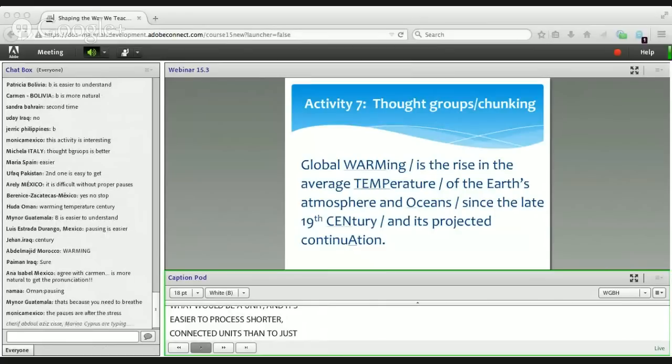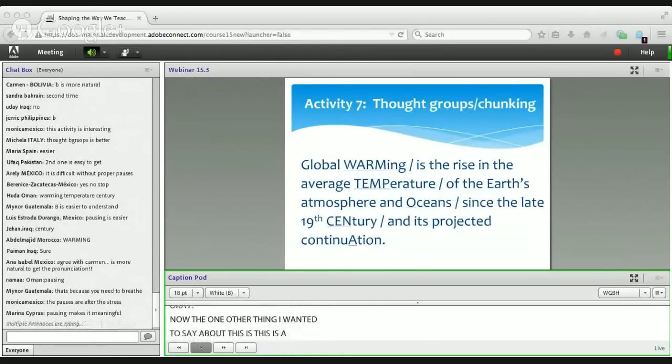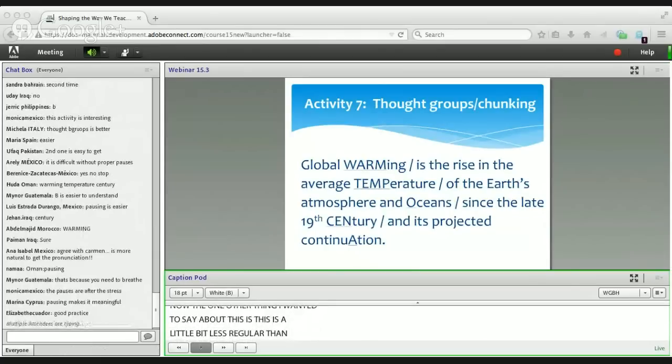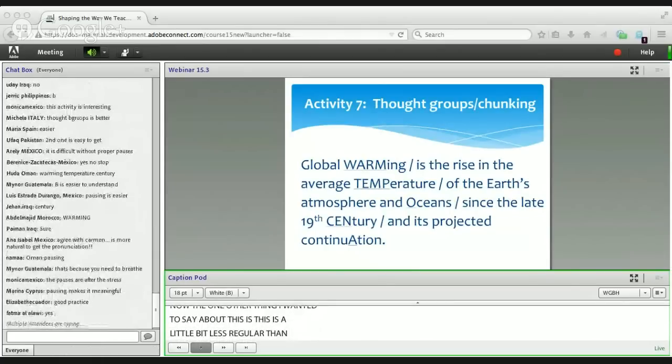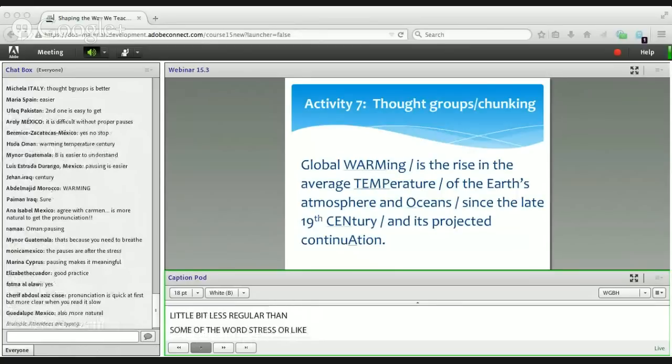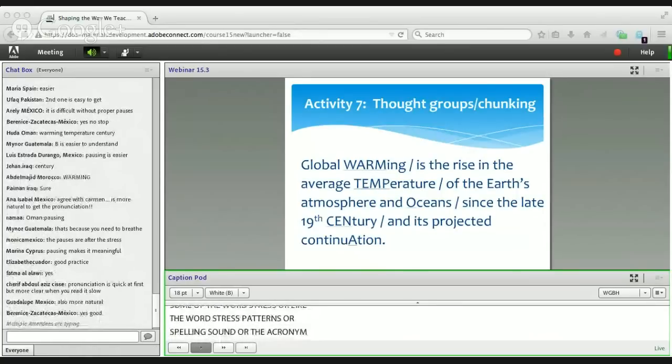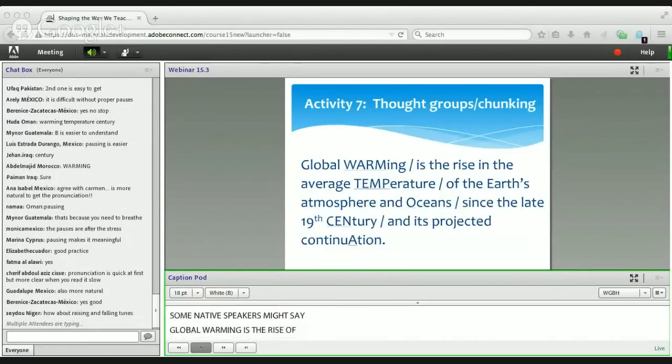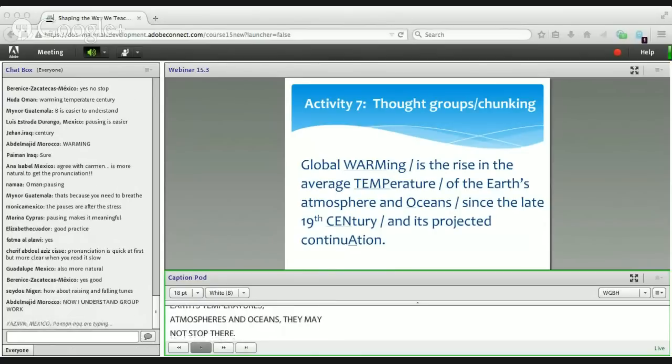Now, the one other thing I want to say about this is it's a little bit less regular than some of the word stress patterns or spelling-sound or the acronym, for example. You're going to get some variation. Some native speakers might say global warming is the rise of Earth's average temperature of the Earth's atmosphere and oceans. They may not stop there. So you're going to get a little variation, but in general, it should be pretty regular.